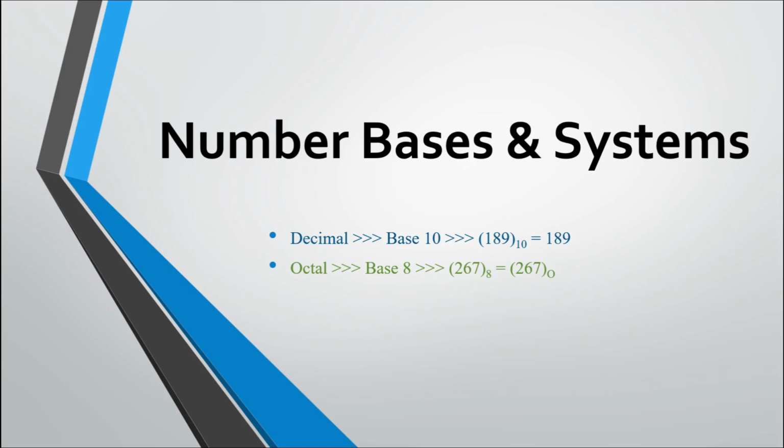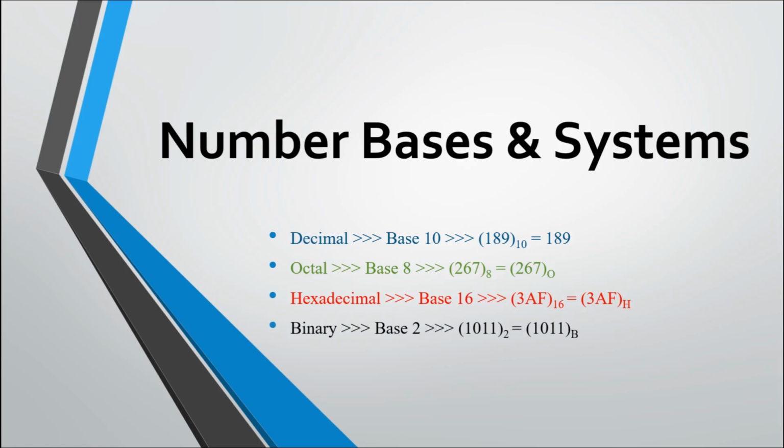For example, we have 267 in base 8, or we can write it as 267 with the subscript O, which stands for octal. We also have hexadecimal. Hexadecimal numbers are base 16. For example, we have 3AF in base 16, or 3AF in hexadecimal.